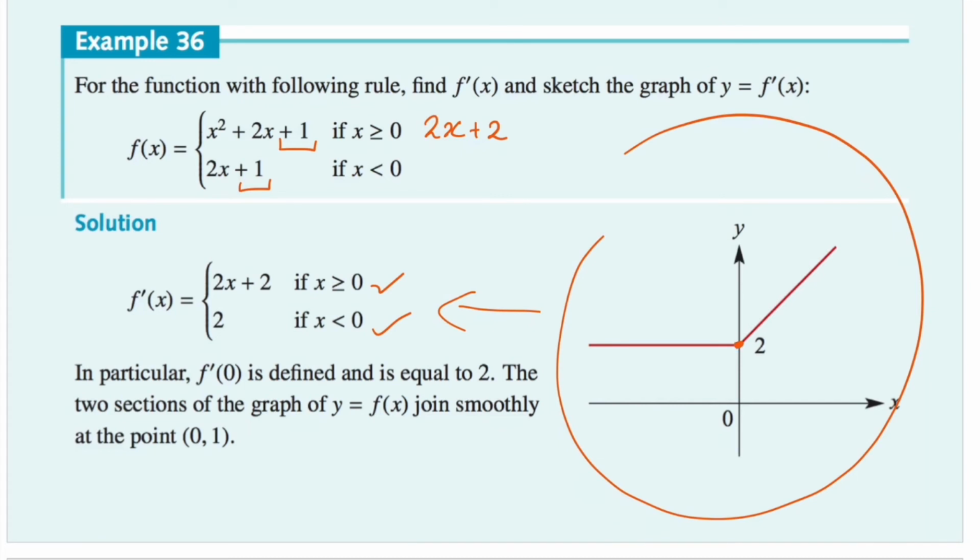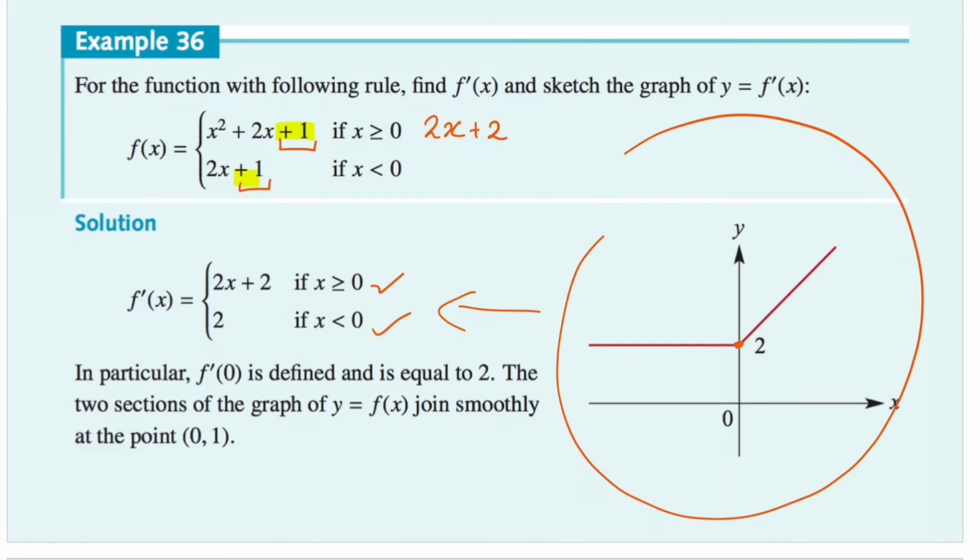And if we go back and look at the original function, they also join smoothly at the point 0, 1 because that's the common y-intercept. So we can say that the derivative function when x approaches 0 is defined and it's equal to 2. The two sections of the graph of the original function also join smoothly at the point 0, 1.